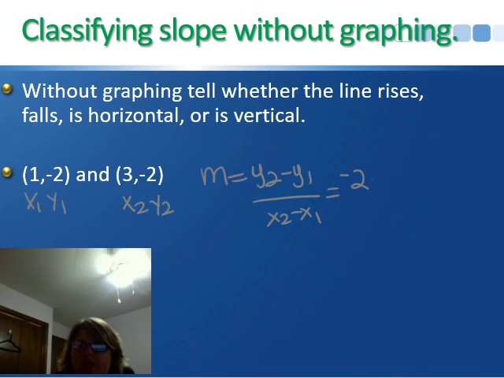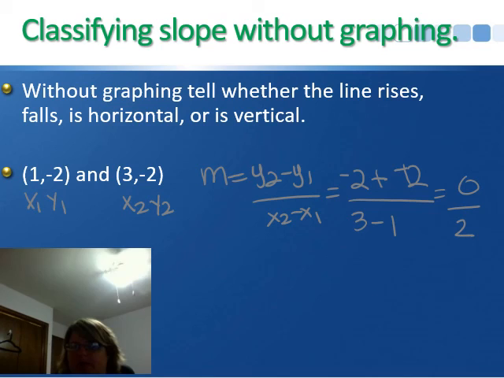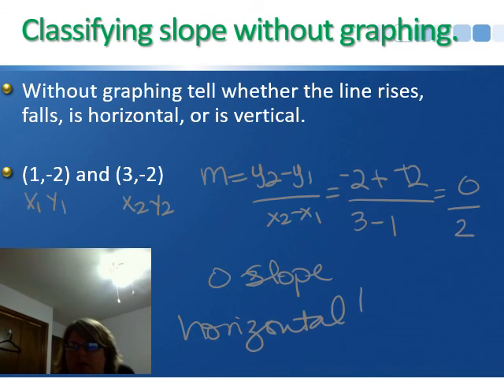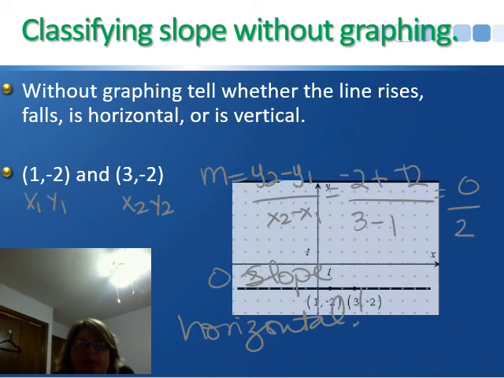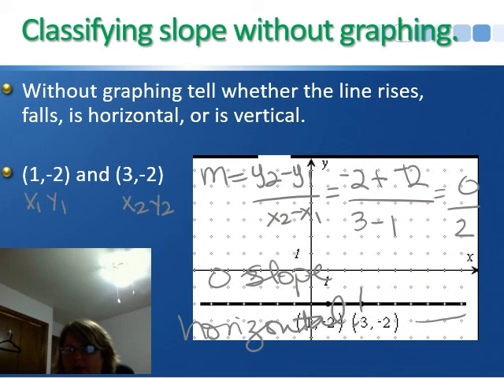Y sub 2 is negative 2 minus negative 2 over x sub 2 is 3 minus 1, which is 0 over 2. Whenever 0 is on the top, that means 0 slope. 0 slope is horizontal. So we look at the picture, look at that, I'm right, winner, winner, chicken dinner.